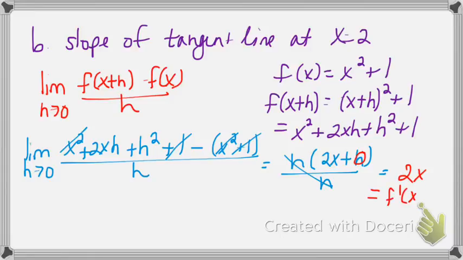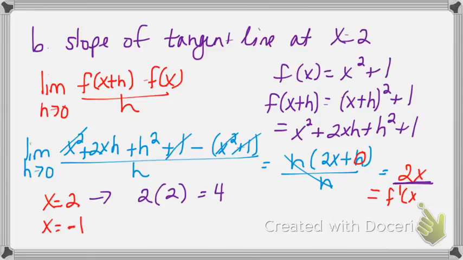So if I want to know the slope at x equals 2, then I'm going to take what I got for the formula and multiply by 2. If I wanted to know the slope at -1, I would take my formula 2x, plug in -1.